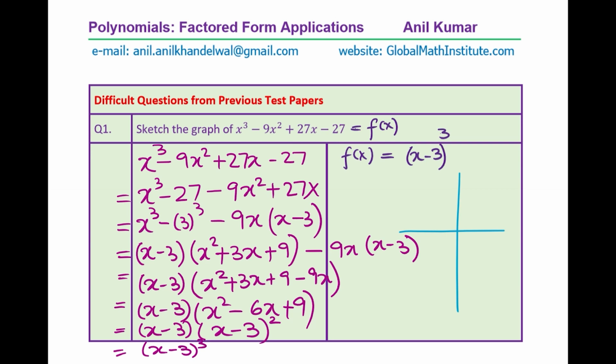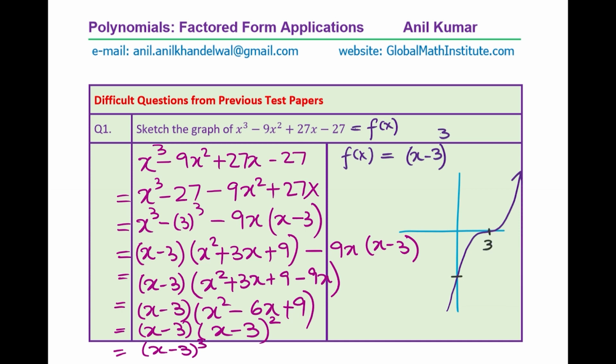So if x is 0, we get minus 27 as the y-intercept. So we can actually sketch this graph as a cubic function where the 0 has moved to a point which is at 3, right?